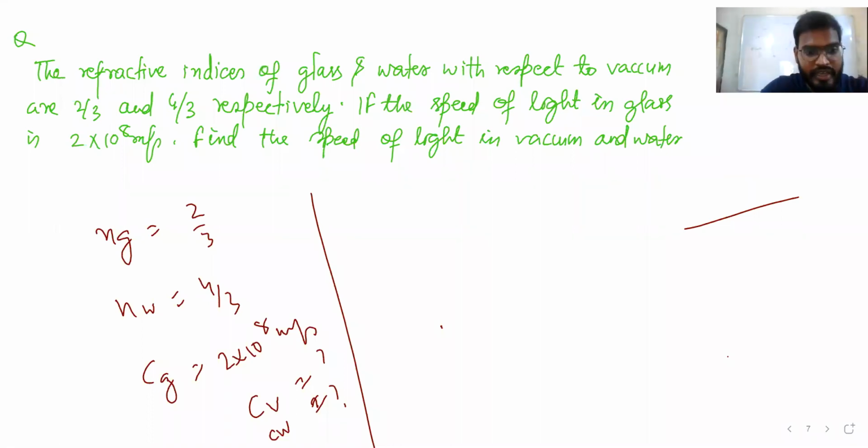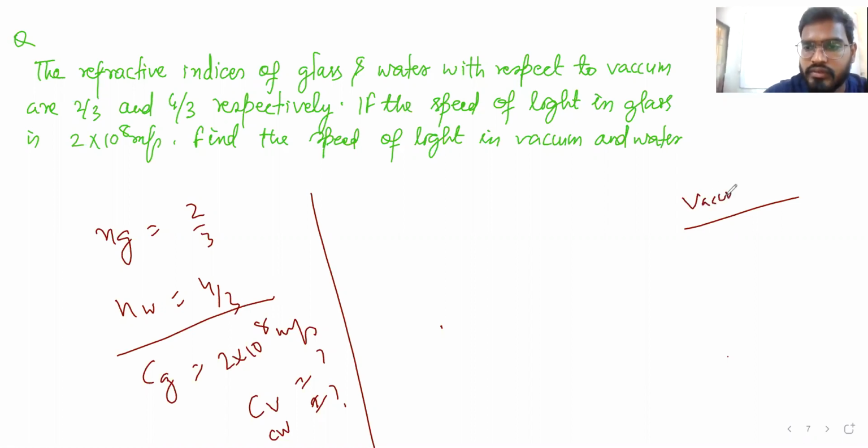Okay, let's consider first glass, and water is given. So let's consider vacuum and glass first, and from there we'll find the speed of light in vacuum. The speed of light in glass is given actually. So what is given here?